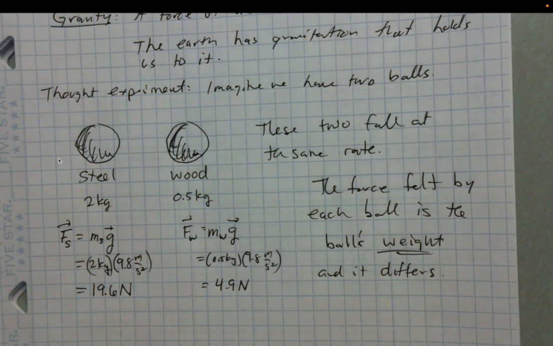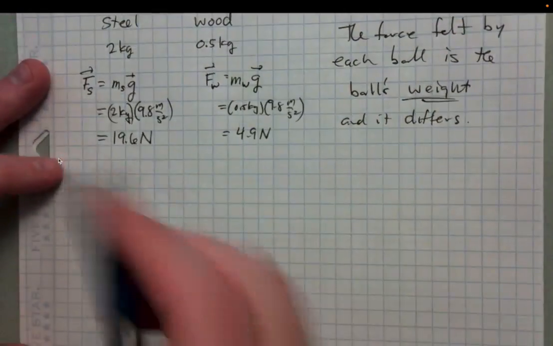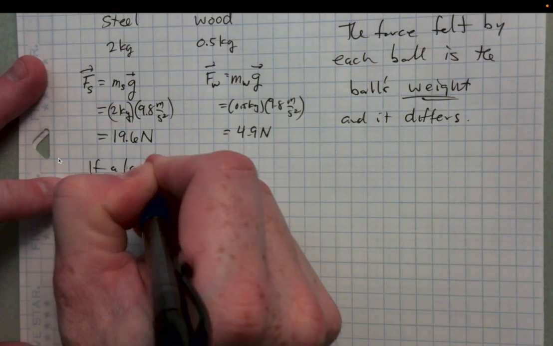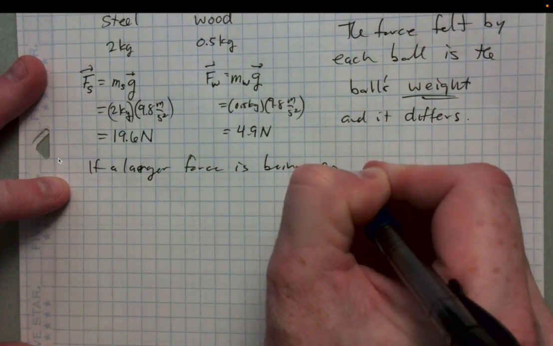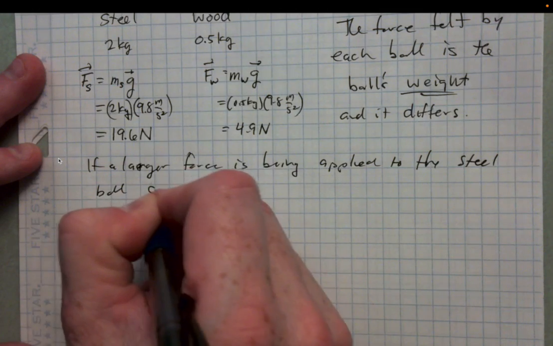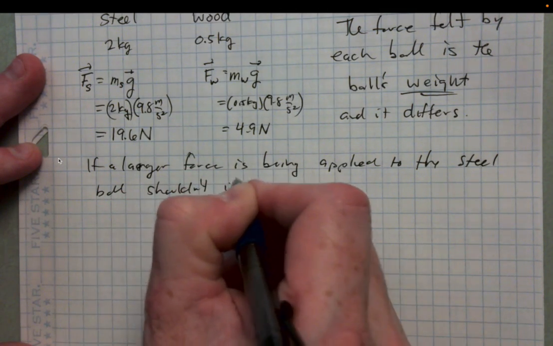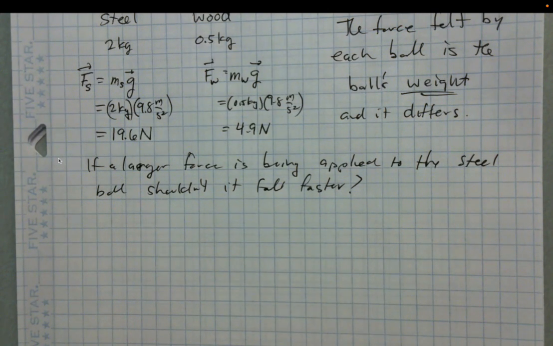So it's a little bit difficult to understand: if a larger force is being applied to the steel ball, why doesn't it fall faster? Shouldn't it fall faster? It feels like that's how it should be, but it actually isn't.